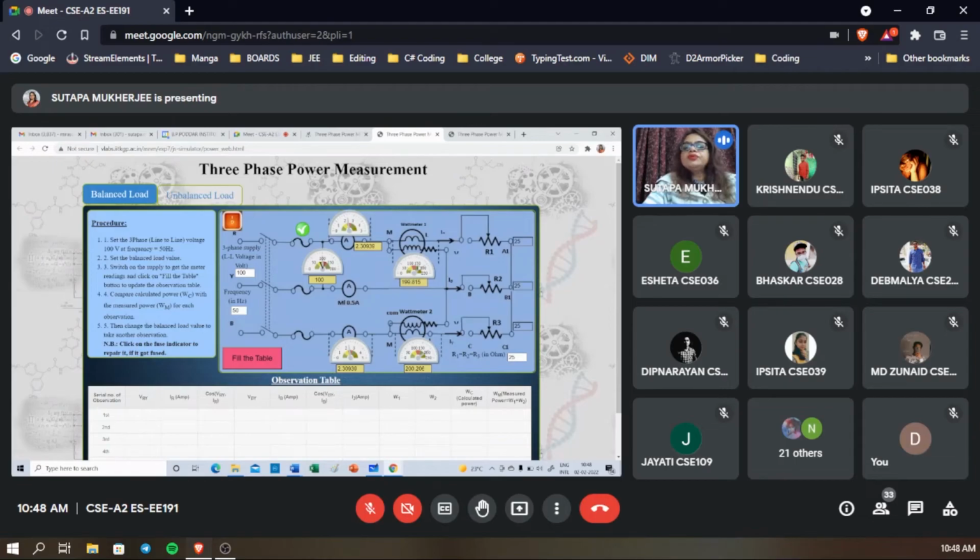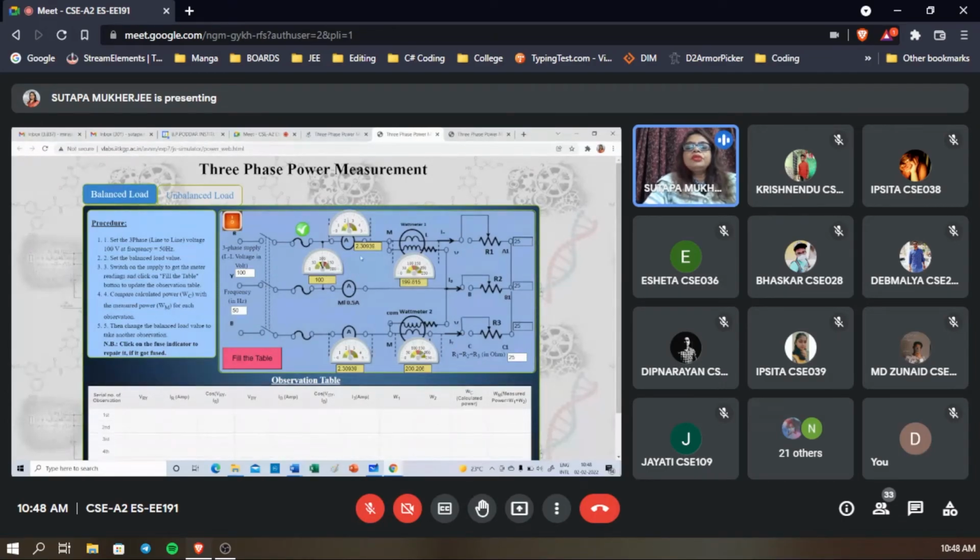So this will give the reading. What is the wattmeter 1 reading? 199. Wattmeter 2 reading, so approx 200. And the total is 400. And if you consider VLIL, then it will give the total power √3 VLIL.